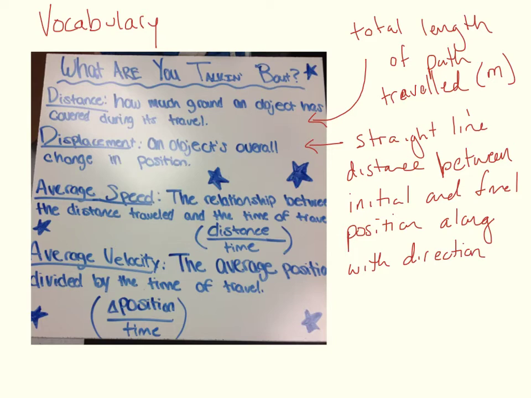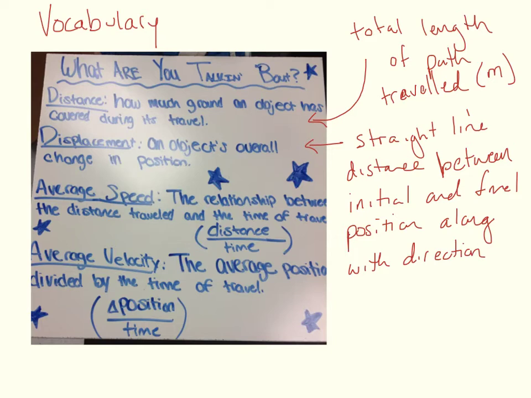It will depend on the path you took. Second of all, if you did have a displacement, you would have to tell me the direction. So like I ended up 5 kilometers north of where I started. Okay? So distance is a scalar. It only has a magnitude, which means a value and a unit. But displacement is a vector, which means it has a magnitude and a direction. So it'll have a value and a unit and a direction.